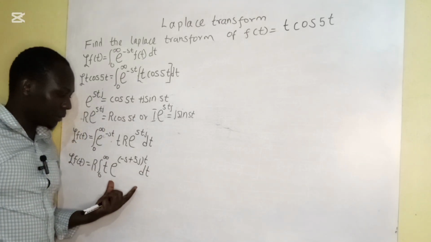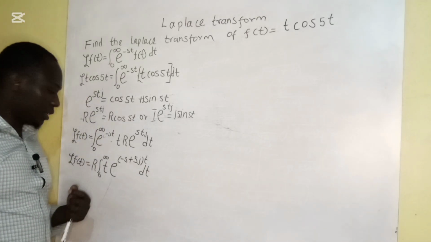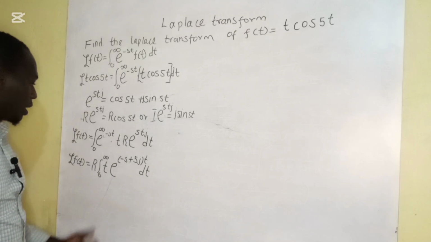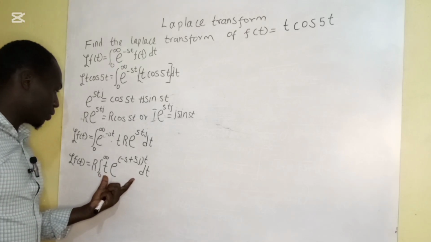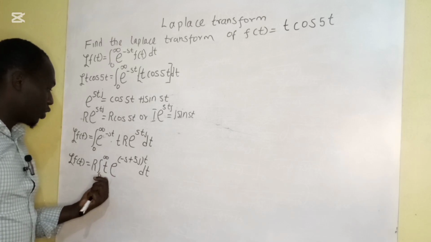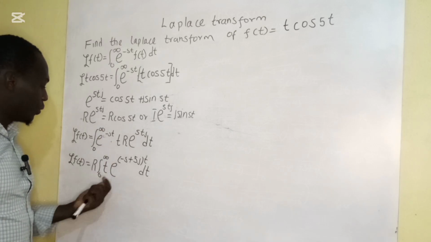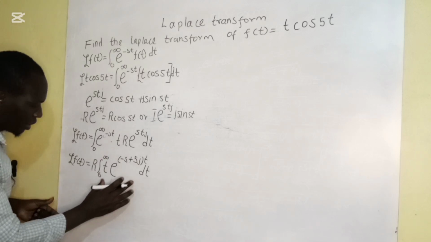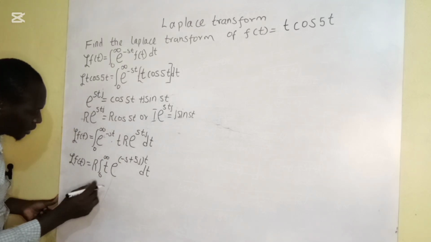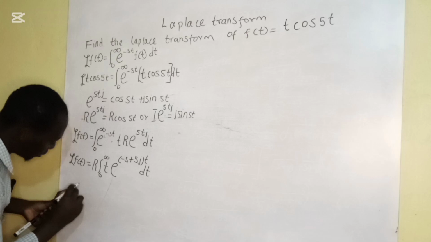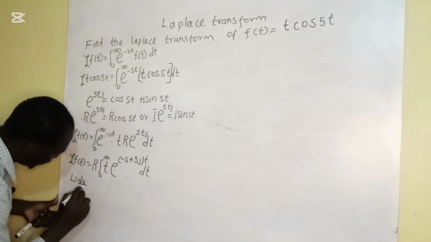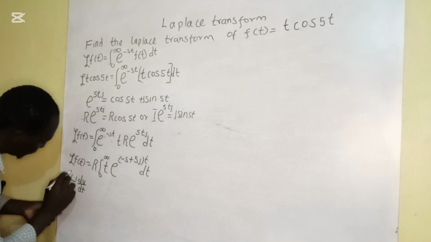At this point now, we can do our integration, and we are going to use integration by parts formula, whereby I've discussed how you are going to select your u and your dv dt. Here, we understand that integration by parts formula, we are going to have the integral of u dv with respect to dt.